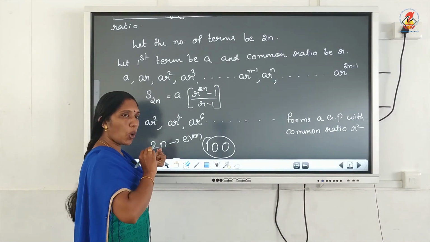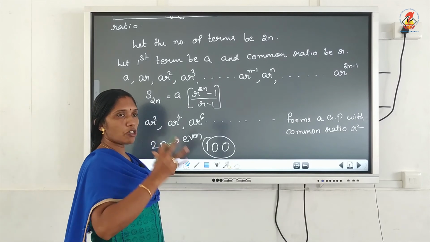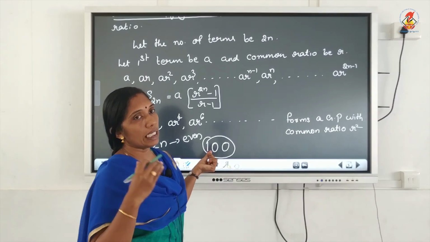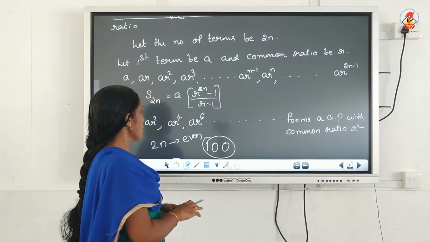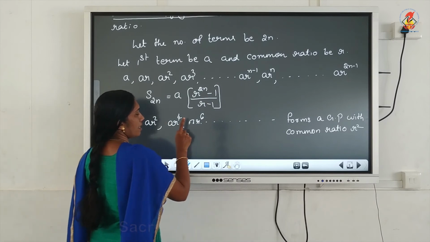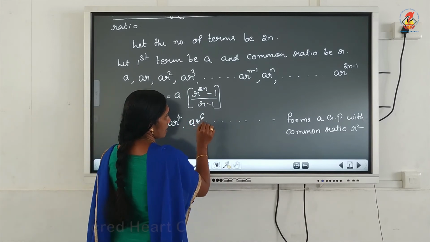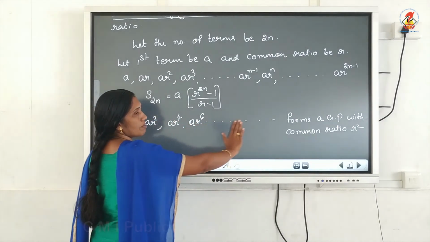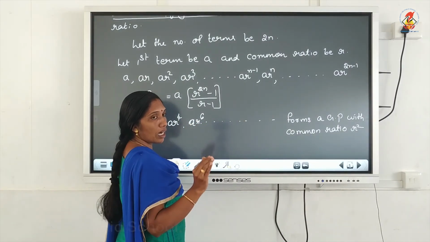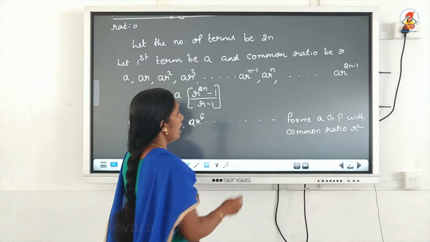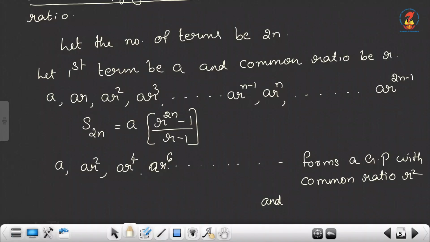So the number of terms occupying odd places is n, and the number of terms occupying even places is also n. So we can take AR square, AR raised to 4, AR raised to 6, like that. These are all terms occupying odd places. So there are n terms in this sequence, and the number of terms is equal to n.